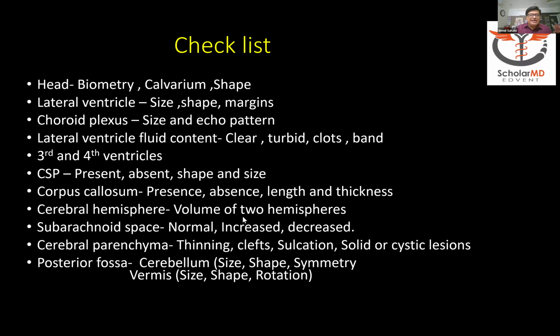look for. So like the head, you need to look at the biometry, the calvarium, and the shape, lateral ventricle, the size, shape, margins, choroid plexus, the size and echo pattern, the lateral ventricular fluid content, the 3rd and the 4th ventricle, the CSP, the corpus callosum, cerebral hemispheres, the subarachnoid space, cerebral parenchyma, whether there is any thinning, clefts, sulcation, and the posterior fossa, looking at the cerebellum, size, shape, symmetry, the vermis, any increased fluid in the posterior fossa.